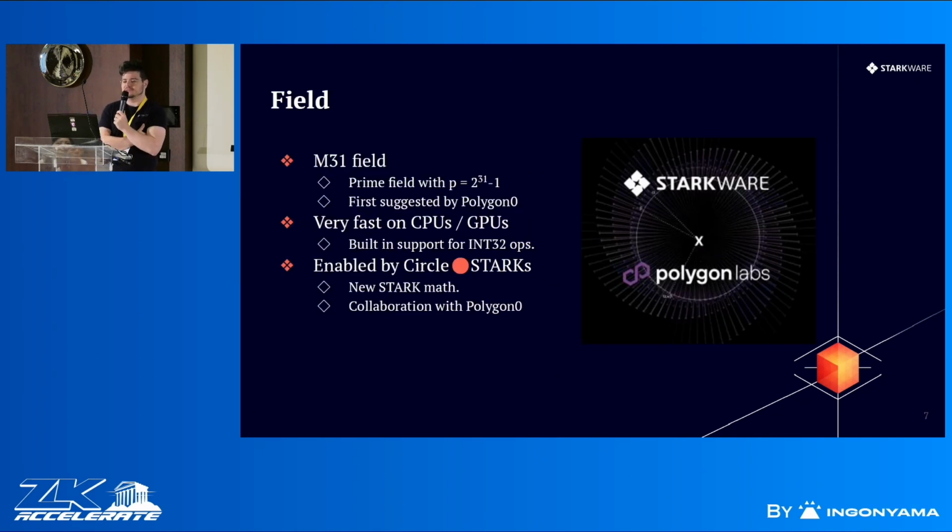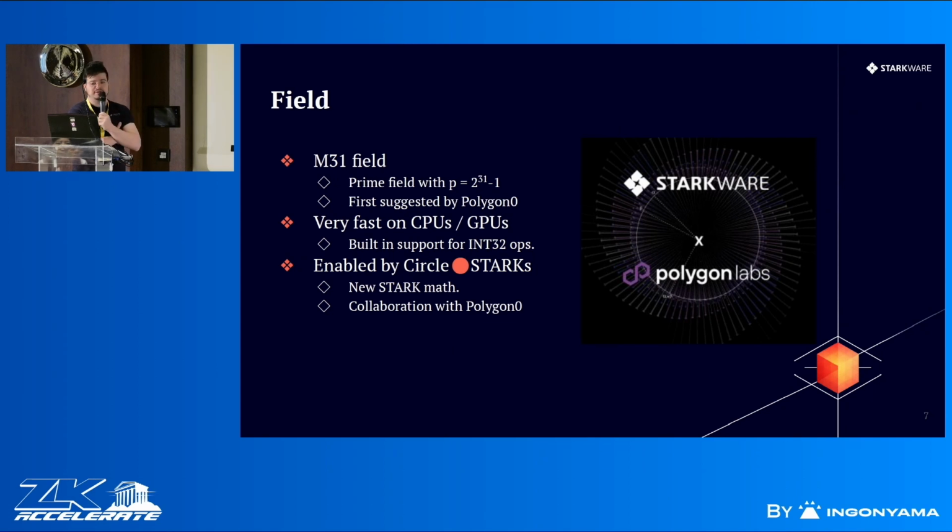So first of all, the field. What's interesting about this field we are using? The field is the Mersenne 31 field. As you can see, it's 2 to the 31 minus 1. And because the form is so simple, the operations are very fast. It was first suggested by Polygon Zero a few ZK summits ago.